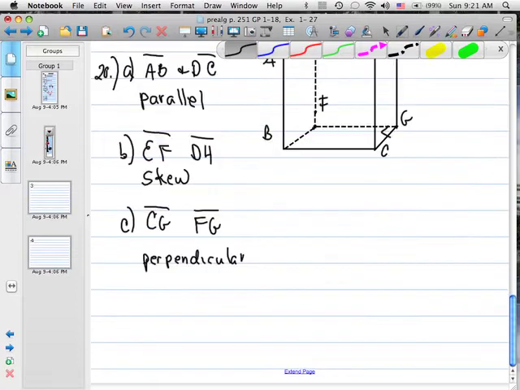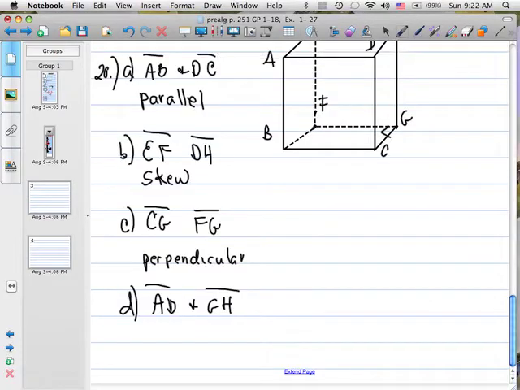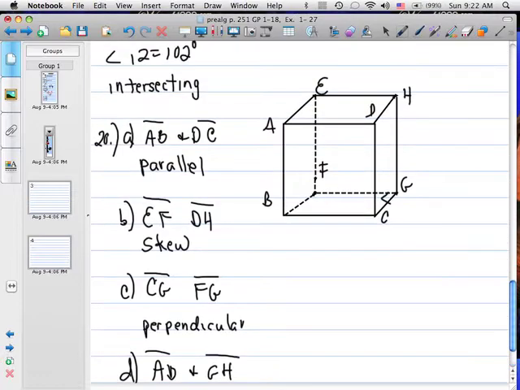And D, we have AB and GH. So here's AD right here, and GH here. Excuse me, AB and GH. Those are parallel.